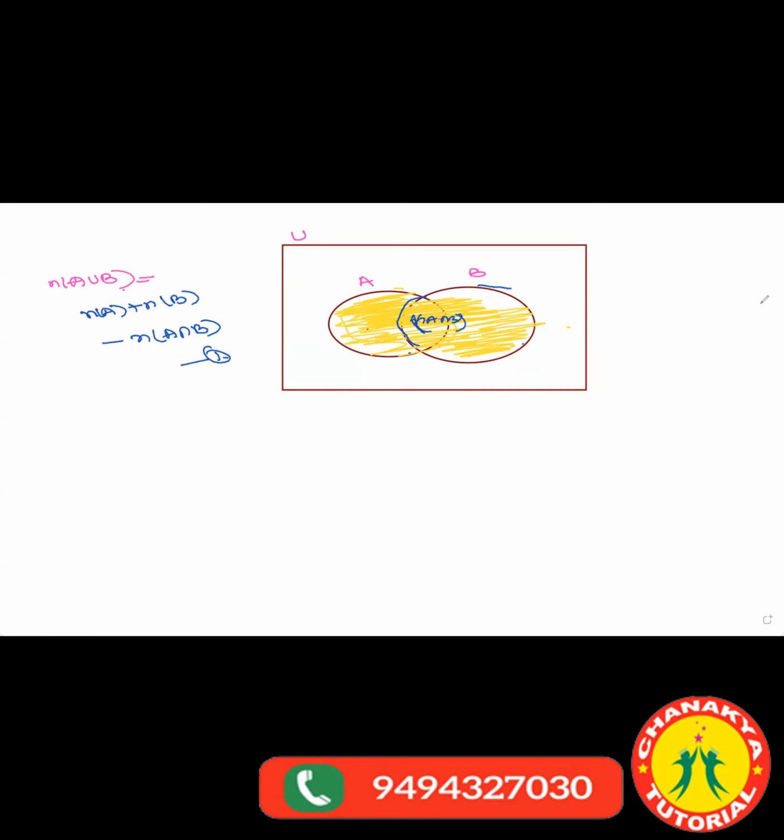Now see, if A and B are disjoint sets, disjoint means both are different sets, then their A intersection B will be the empty set. Suppose A is equal to {a, b, c} and set B is {1, 2, 3}.